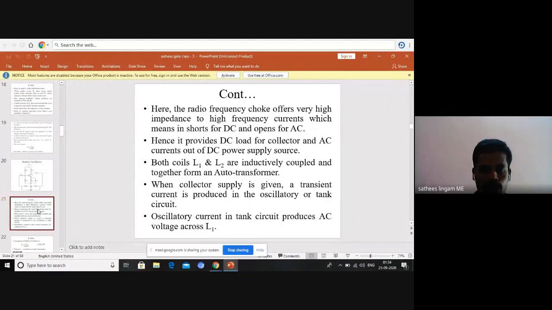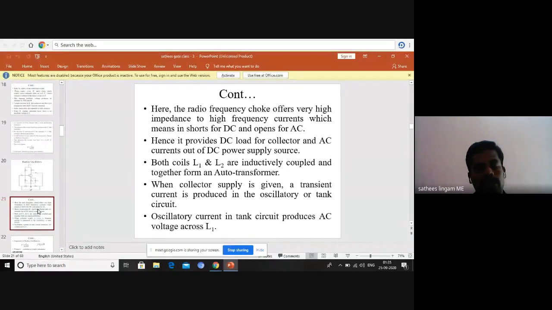The auto transformer itself gives a 180-degree phase shift. Our requirement is a 360-degree phase shift, since every oscillator circuitry should provide 360-degree phase shift.